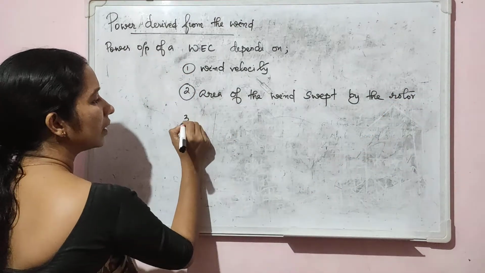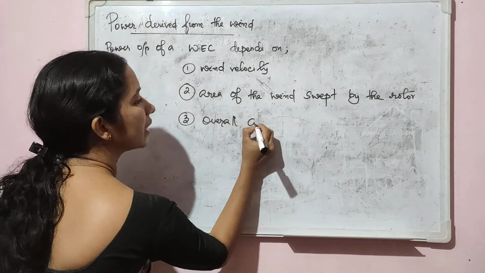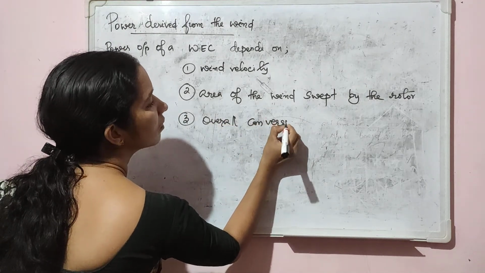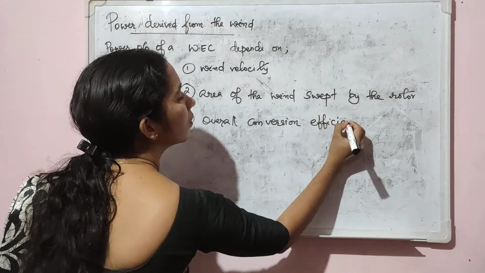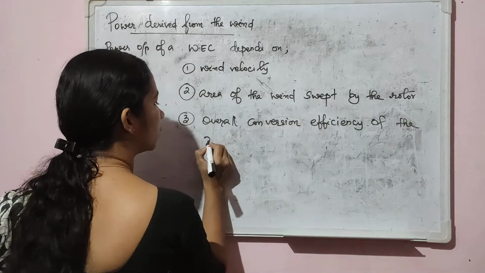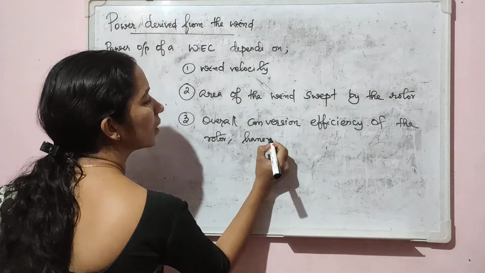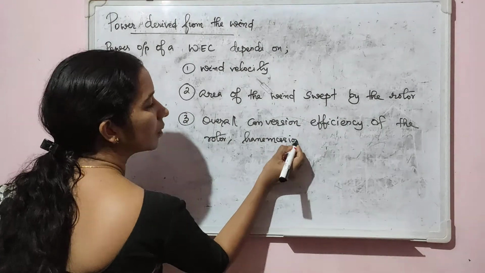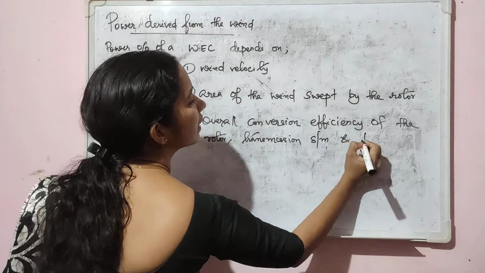And third one is the overall conversion efficiency of the rotor, transmission system, and the generator.